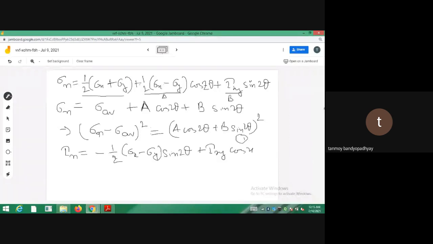So as per the representation that we had, this one is a, so this is minus a sin 2 theta plus b cos 2 theta.